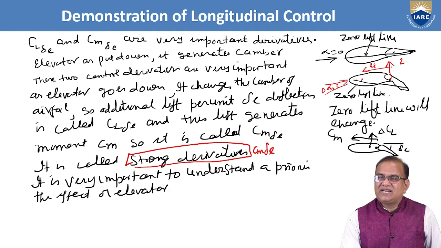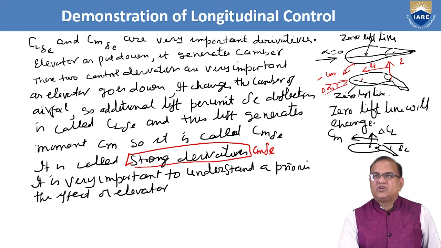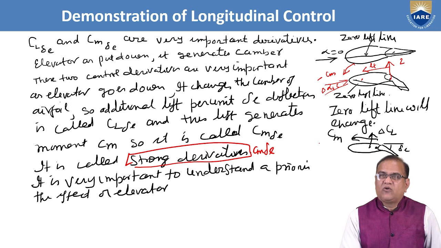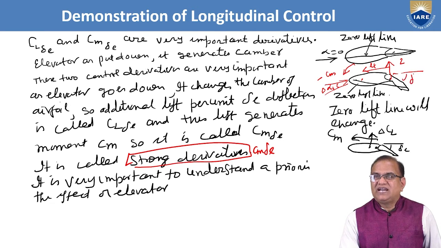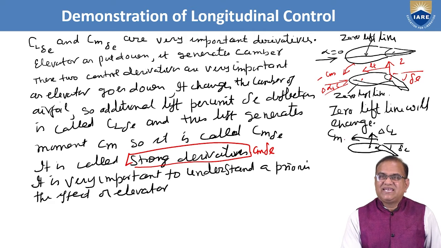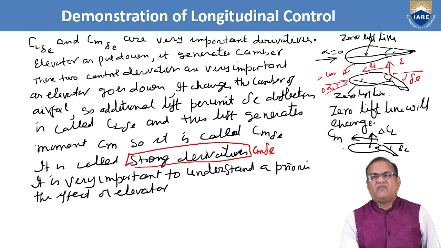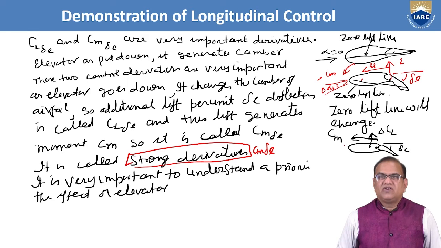So this lift times LT generates a moment CM, and this is the negative CM. So the CM delta E is the coefficient of moment when unit deflection of the elevator is done. This is the delta E deflection. So in this way, we can say that it is very important to understand a priori the effect of the elevator. These things we are going to discuss in this class.